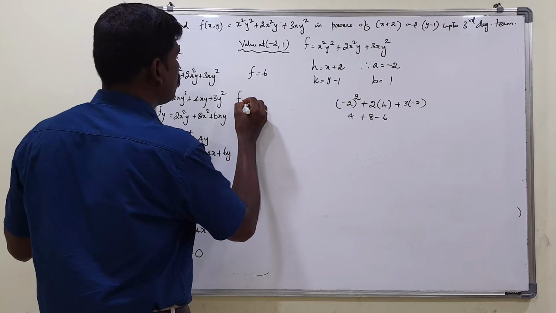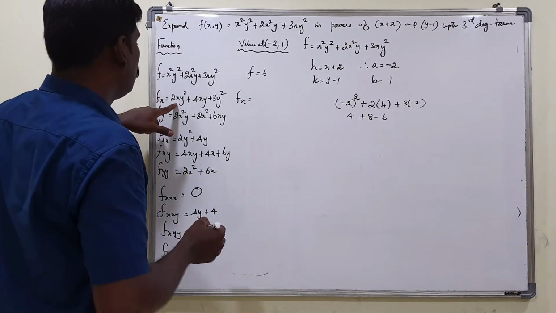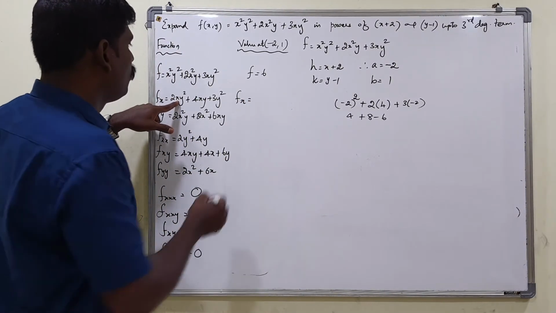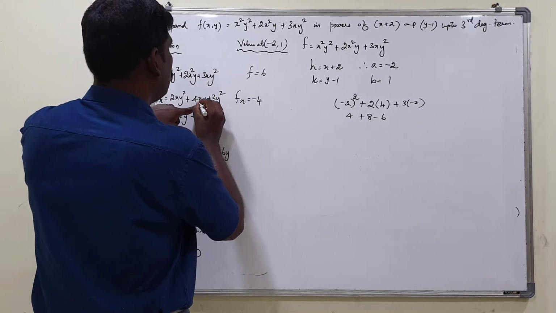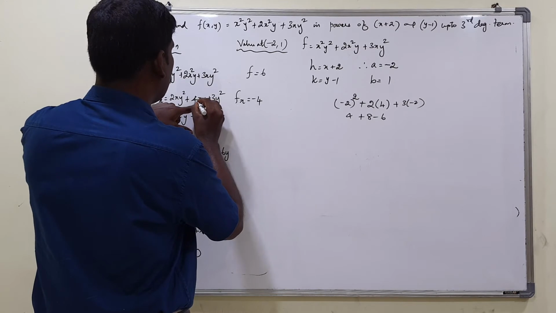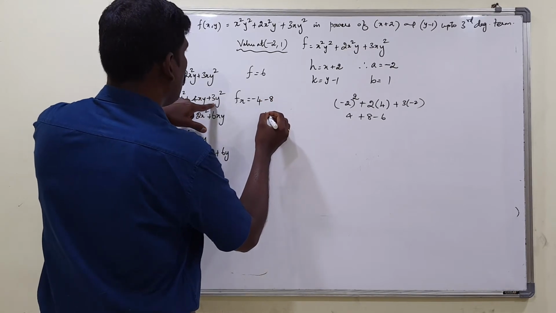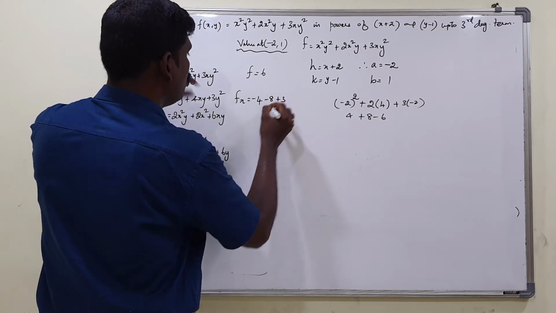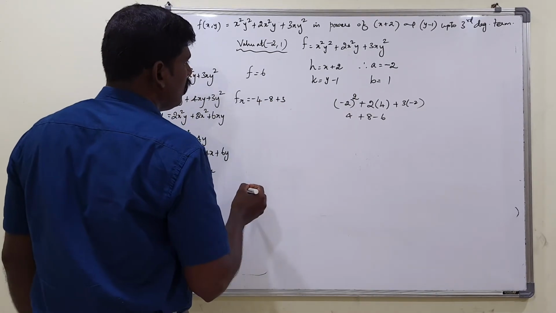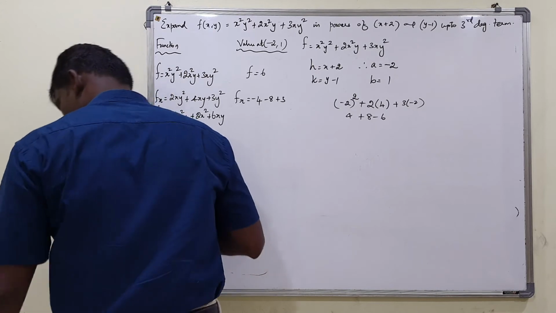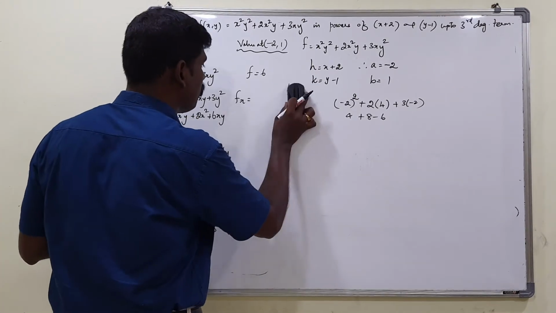And then fx equal to, so 2 into minus 2, minus 4, and then 4 into minus 2 into 1, minus 8, and then y becomes 1, so plus 3. So minus 4 minus 8, minus 12 plus 3 is minus 9, isn't it? So I write it directly as minus 9.